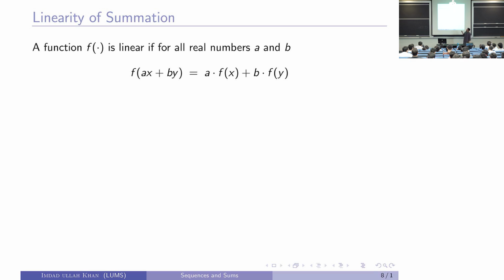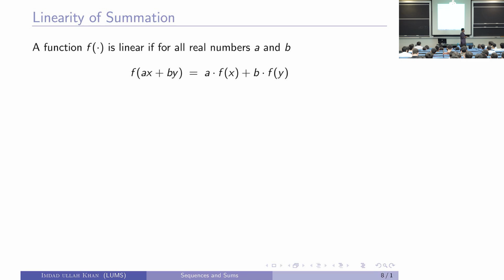So if I take 2 inputs x and y and multiply each with some real numbers a and b, f of (ax plus by) can be computed by just taking a times the output of f on x plus b times the output of f on y. If this property is true, the function is called linear.